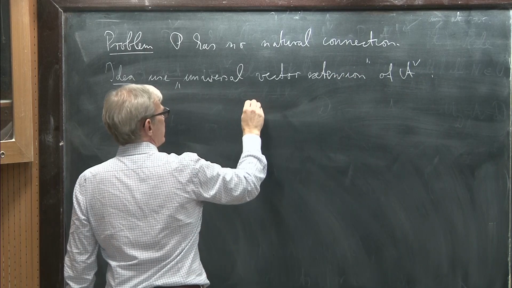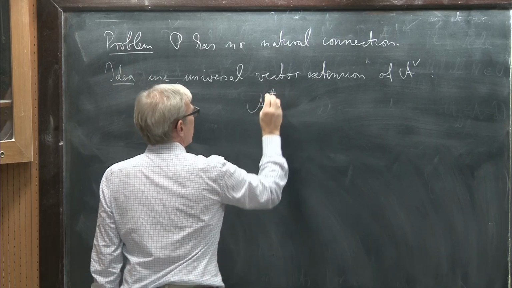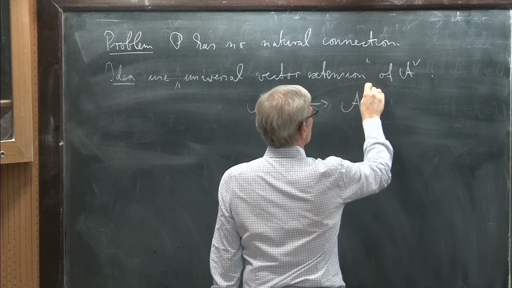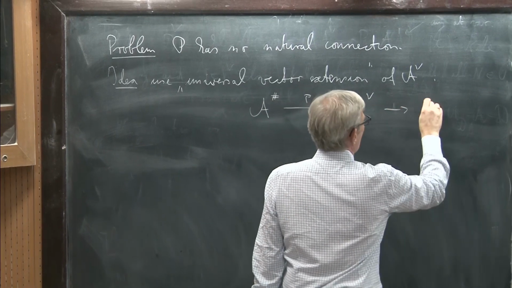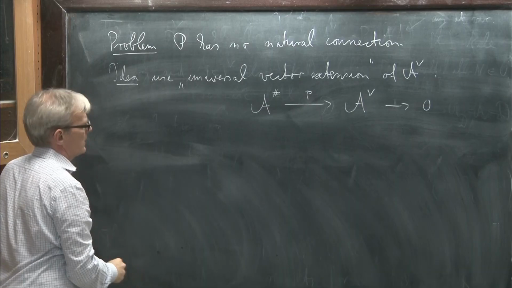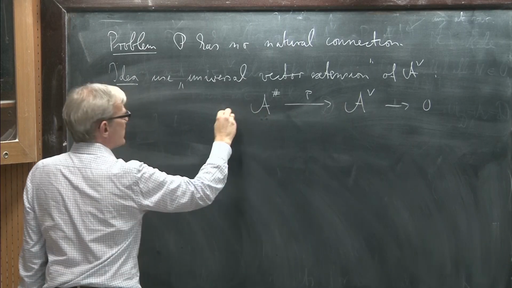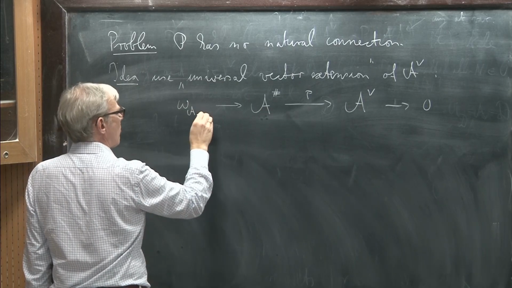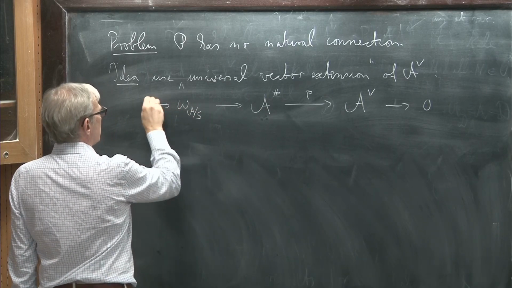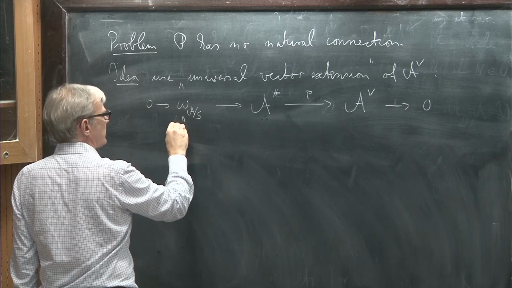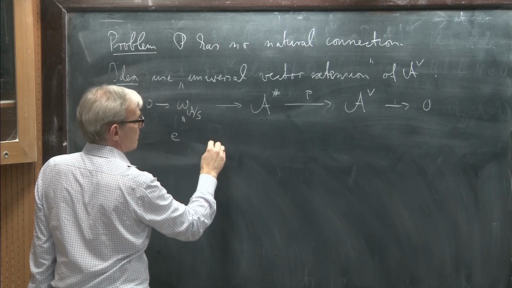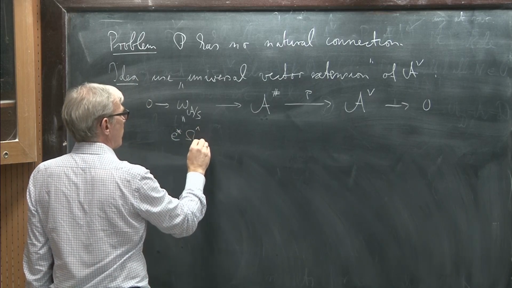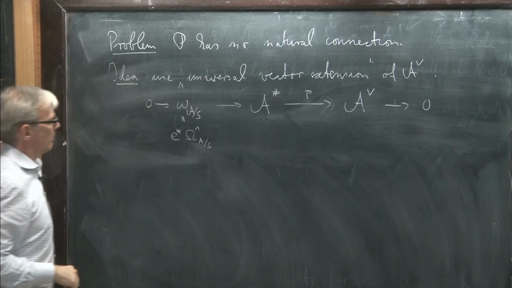This is a group scheme, A sharp, which sits over the dual abelian variety in an exact sequence. So this is a surjective map of group schemes, and the kernel is a vector group scheme. The vector group scheme is omega_{A/S}, which is just E upper star of omega^1_{A/S} on the base.